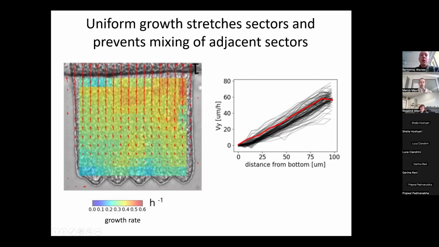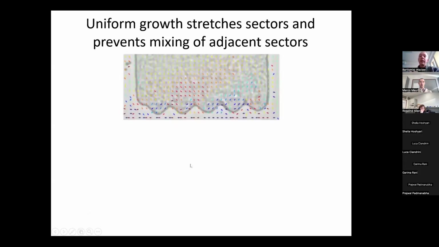Okay, so we know that this velocity field is aligned with the side edges of the well, and now we wanted to see what actually happens at the bottom, because it's the bottom that seems to be important for determining the dynamics of these clonal sectors.